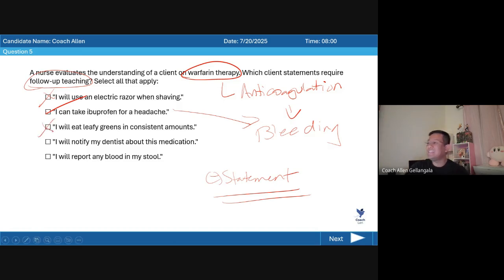You don't need excessive greens because, of course, green leafy vegetable is good and heavy with vitamin K. And what does vitamin K do? It's your main antidote to warfarin. So it works against warfarin. So you need to still have a consistent amount, but you're not going to have excessive amount.